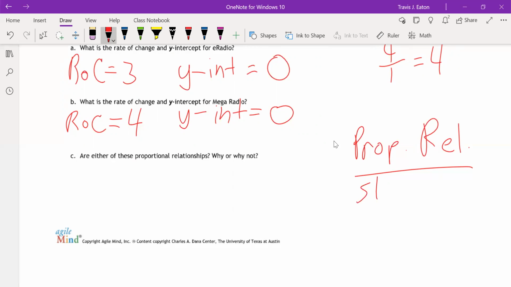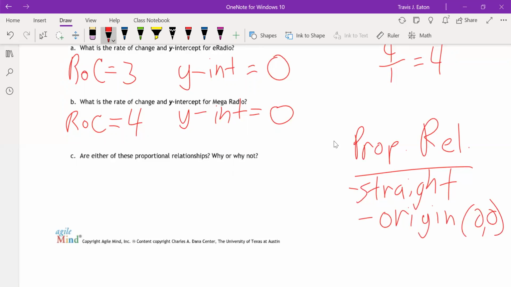If it were on a graph, it would be a straight line, and it would pass through the origin. Whoop, come on. My pen's not writing. Here we go. So a straight line has to pass through the origin at 0, 0. So when x is 0, y is 0.